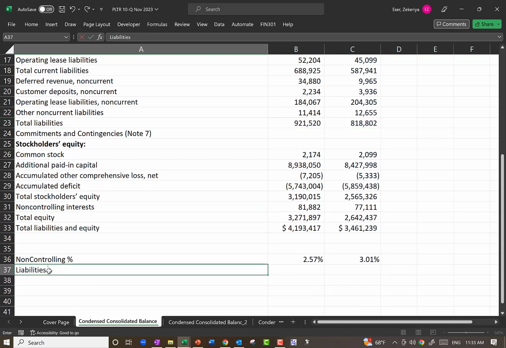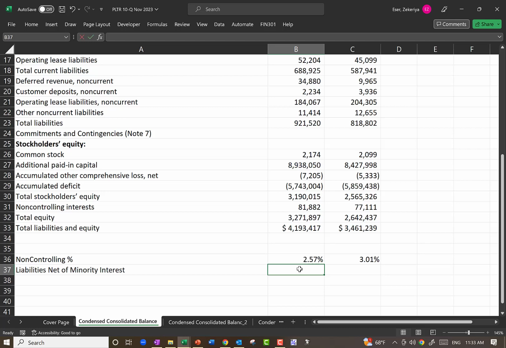So liabilities net of minority interest should be basically liabilities times 1 minus, where are you?